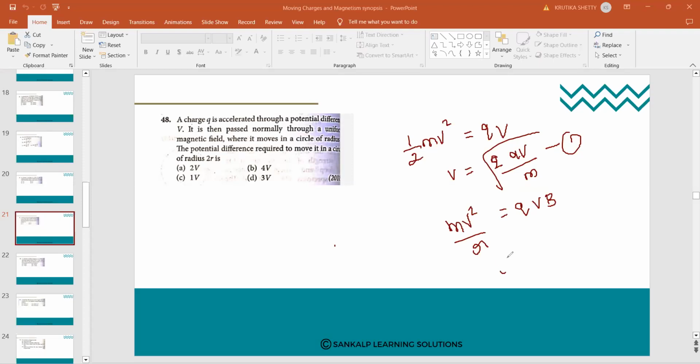Therefore, R is equal to mv divided by qb, which is equal to m by qb into bracket, equation 1's v value, 2qV divided by m.